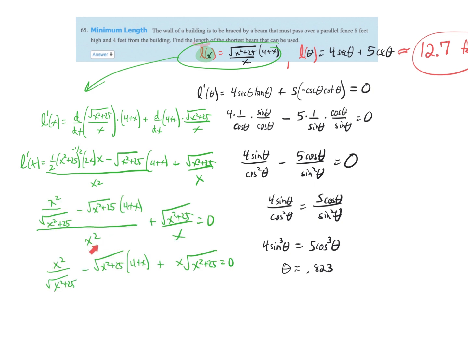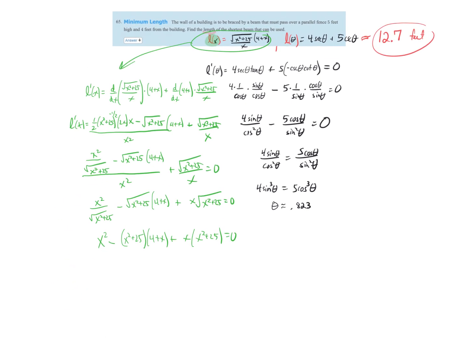Just doing some algebra. I'm going to multiply both sides by that square root. So we'll get x squared minus... I think I like the trigonometry better.